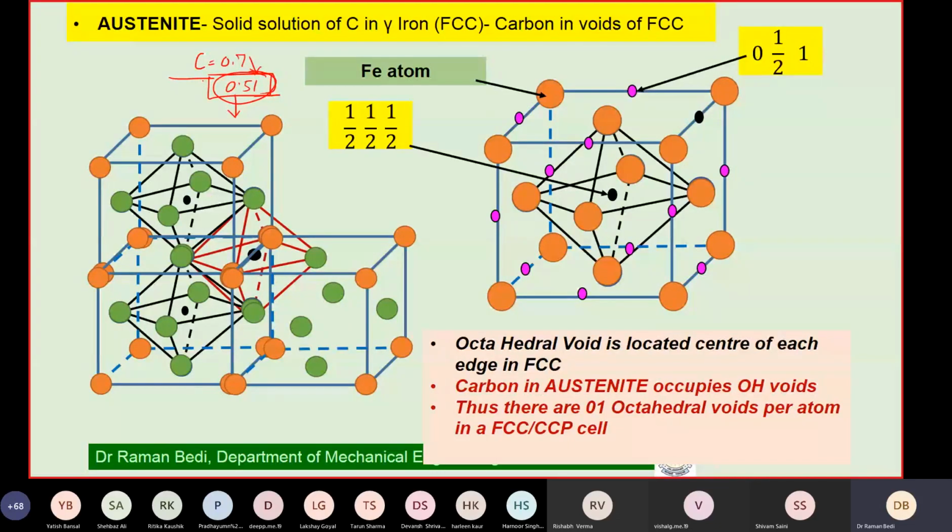So this influences the size of these atoms and the size of the voids. They also influence what we refer to as the solubility limits, the solid solubility limits: how much of the solute is completely soluble in the solvent, just like water and sugar. If you keep on putting sugar into water, a stage will come at some value where you will find a syrup is formed.